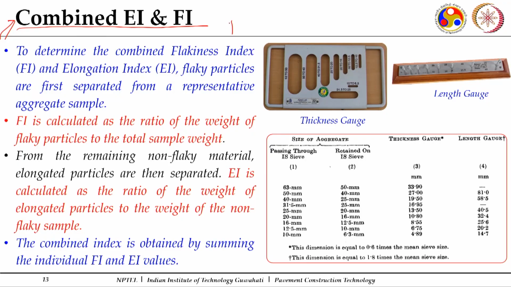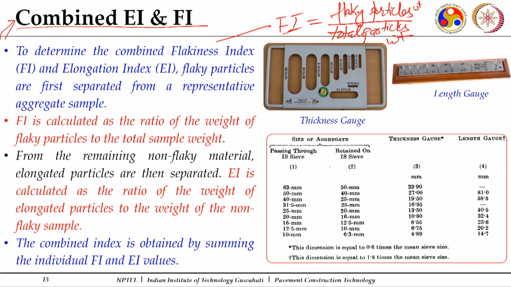That can give you the flakiness index, which will be your flaky particles weight divided by your total particles weight, meaning total aggregates weight.